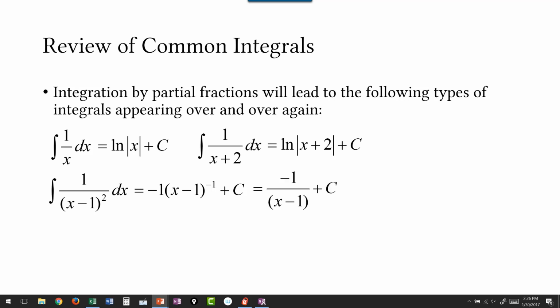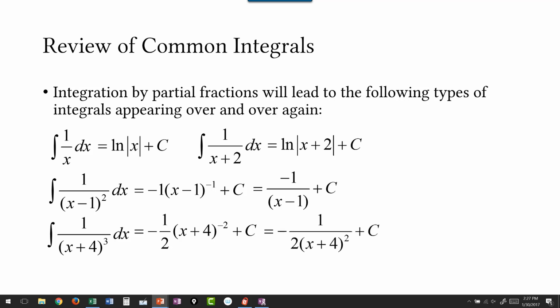Often we would rewrite that as negative 1 over (x minus 1) plus a constant. For any other power, things would work the same way. So the integral of 1 over (x plus 4) cubed would end up being minus a half (x plus 4) to the negative 2, or negative 1 over 2 times (x plus 4) squared plus c.